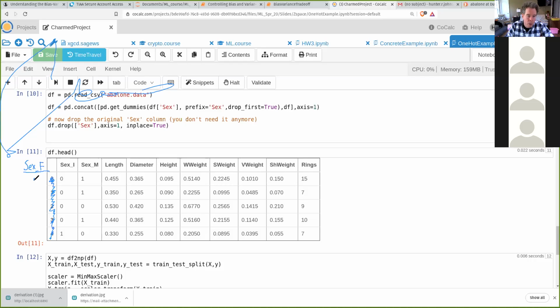Exactly one of these 3 possibilities is true: it's either male, female, or immature. The way the encoding works is you put a 1 in the column where it's true and zeros in the other columns. But you don't really need 3 columns, because what should I write here? What is this going to be?